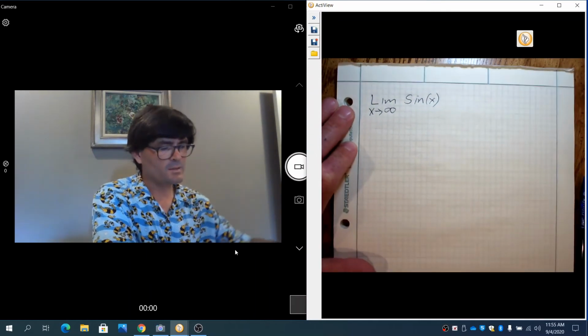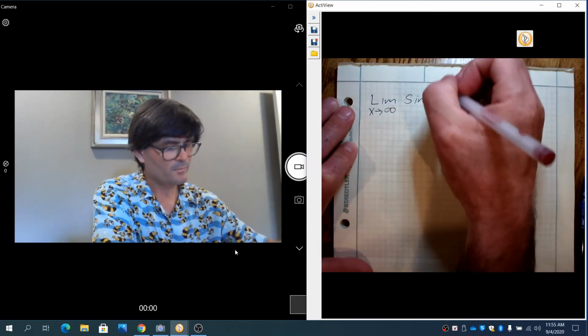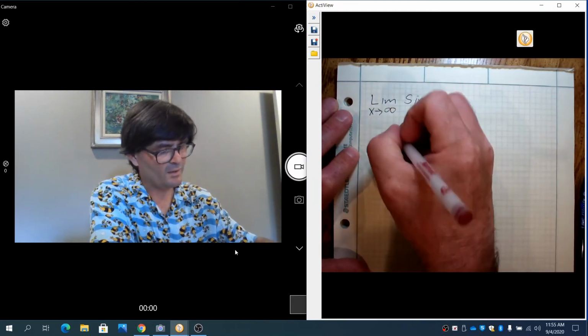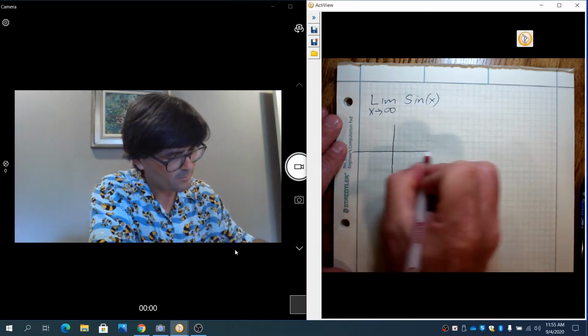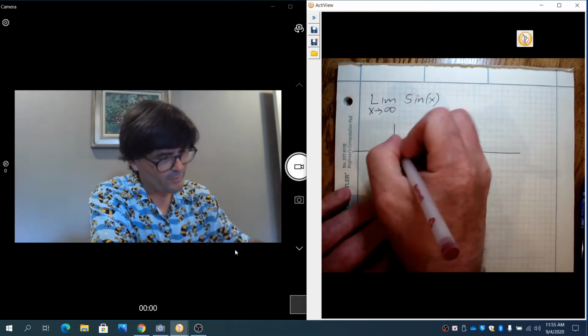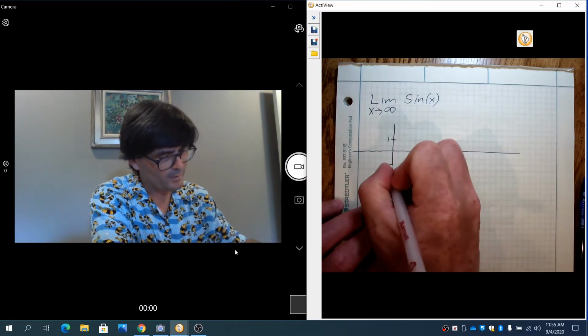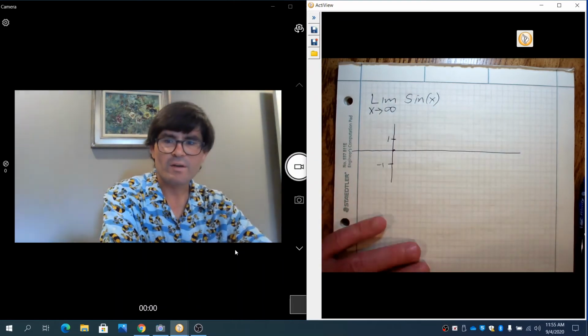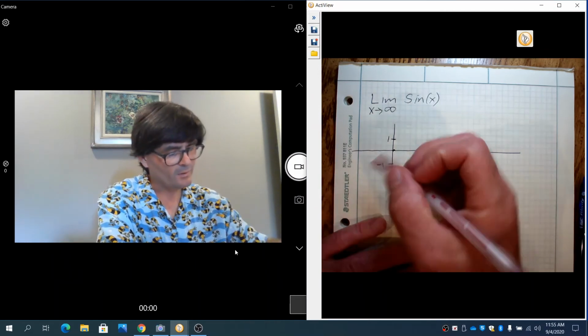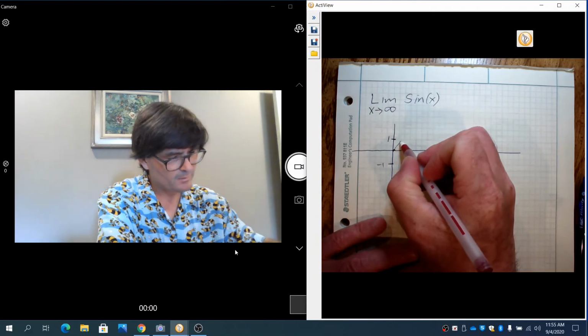Okay, let me draw a quick little picture here. We'll have, call that 1, -1. So for the function sine, if x goes to infinity, the graph is going to begin like this.